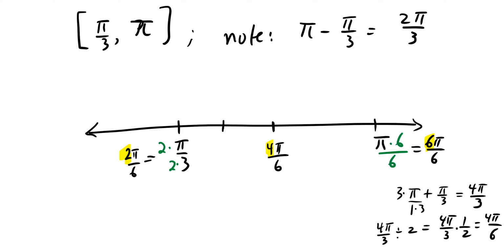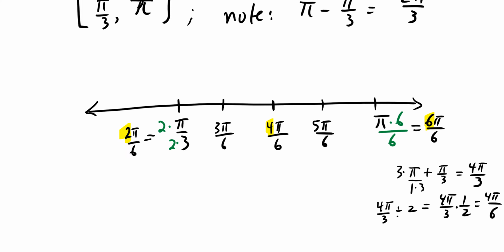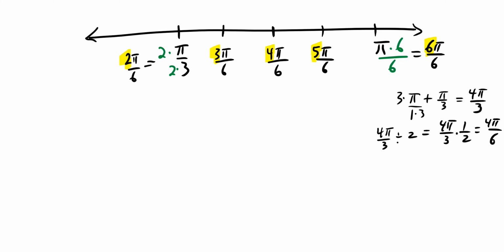Because that's 2 pi over 6, the next is 3 pi over 6, then 4 pi over 6, then 5 pi over 6, and the last one is 6 pi over 6. Do you see the pattern? I'm getting multiples of pi over 6. And it will work always like this.